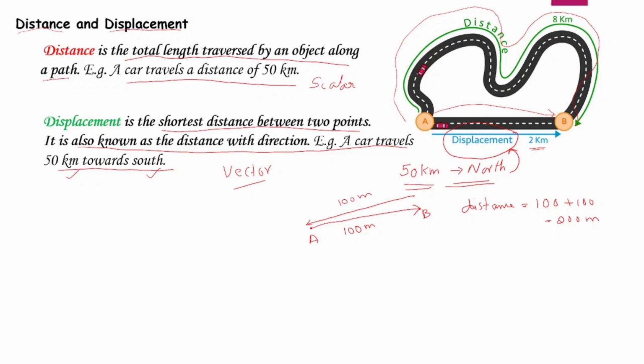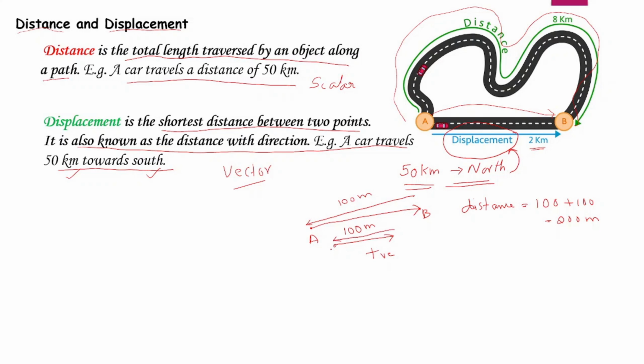But what about the displacement? We have already said that displacement takes into consideration the direction. So we know that in mathematics, if we are traveling from a point towards the right, it is taken as the positive direction, isn't it? Remember number line. If we are moving from a point towards right, we take it as positive. Now if we are returning back, we are moving in the opposite direction.